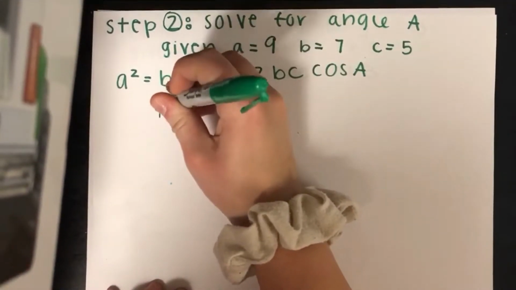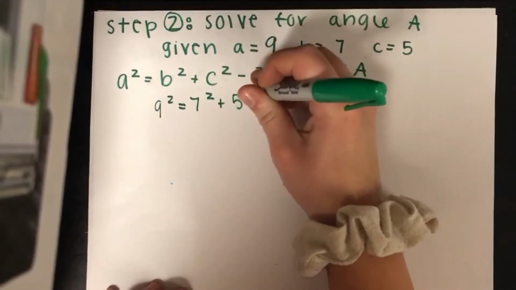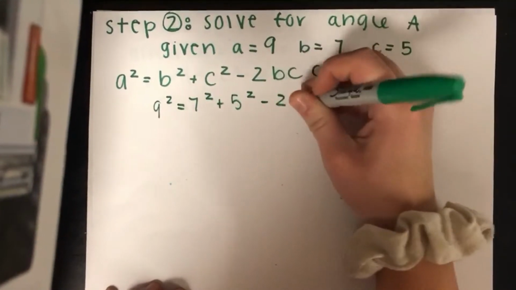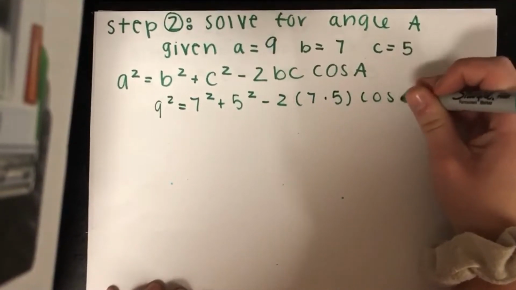So 9 squared equals 7 squared plus 5 squared minus 2 times 7 times 5 times the cosine of A.